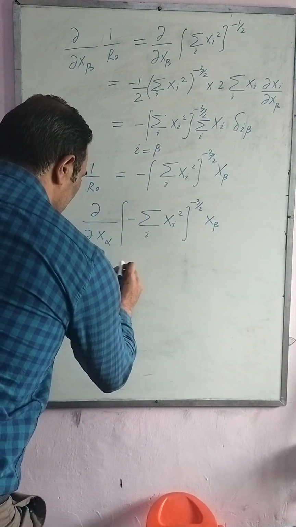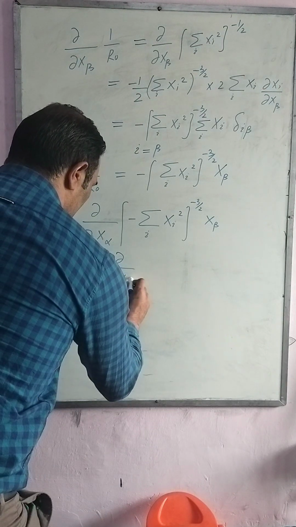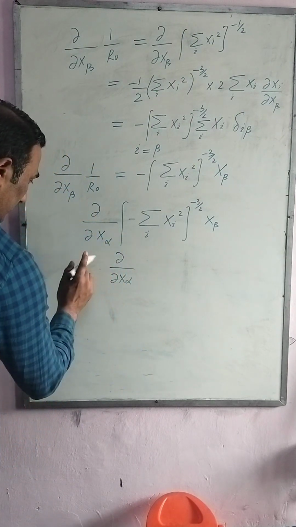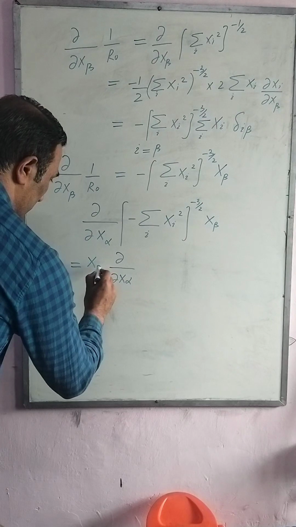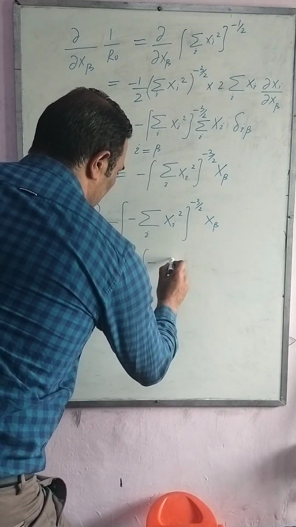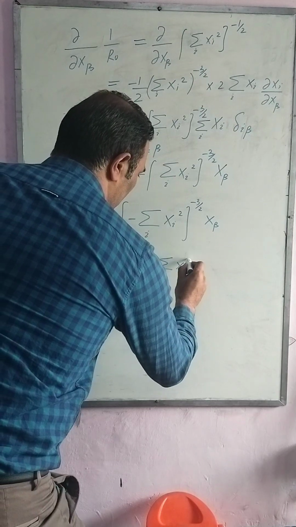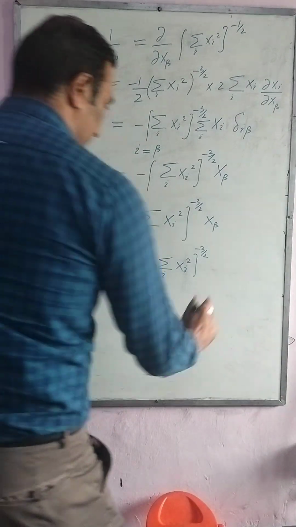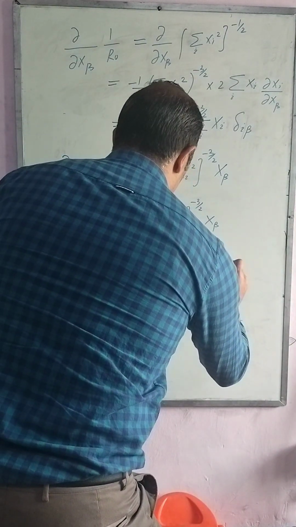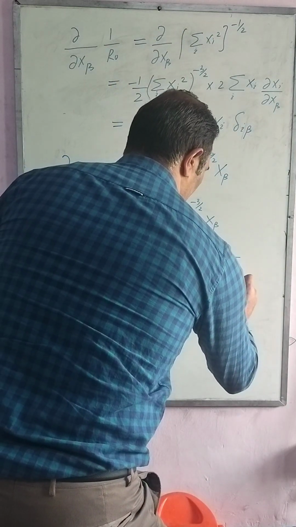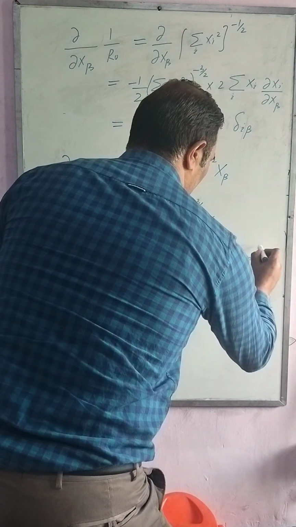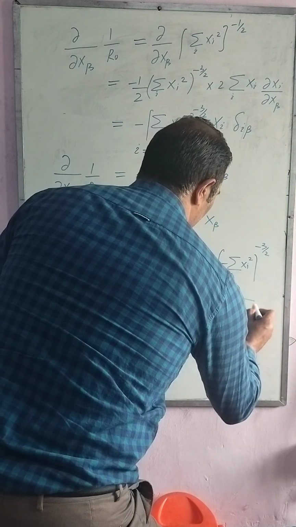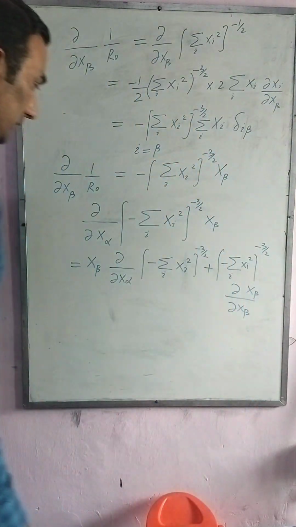So let us differentiate the first term. That is partial upon partial x alpha, and okay, you write this as x beta constant, and you take this as, right. And the second term will be, okay.